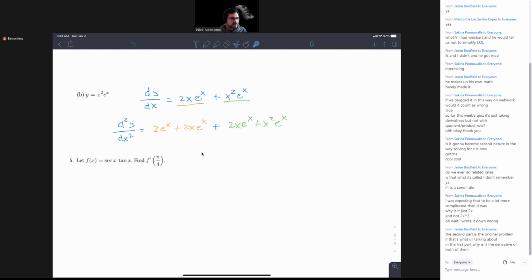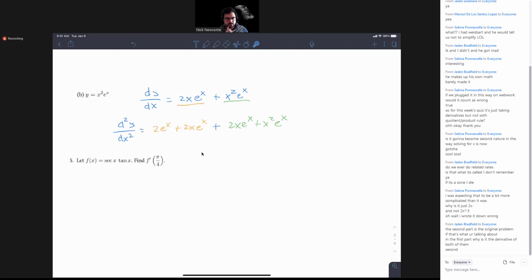In the first part, why is it the derivative of both of them? Do you mean when we took the first derivative or the second derivative? The second derivative. For the first part of the second derivative, the yellow part, isn't that the derivative of both of them?